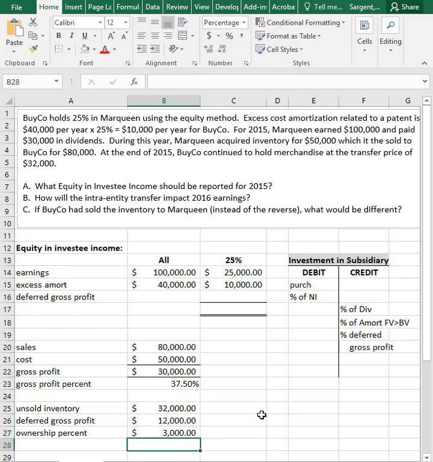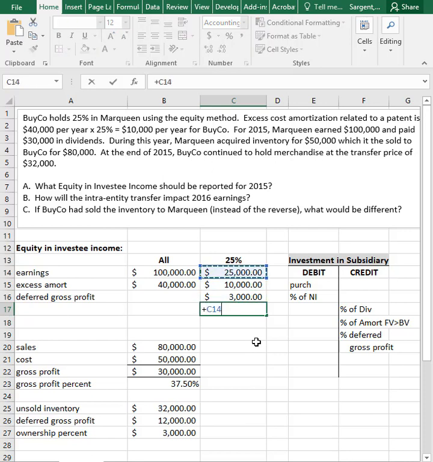So be very alert to whether you're looking at a 100% or at a 25% number when you're working these problems. So we would want to remove the $3,000 that is BuyCo's portion of the deferred gross profit. And so the income statement would be the $25,000 less the amortization and the deferred gross profit. So we would have $12,000. That would be what is reported in 2015.